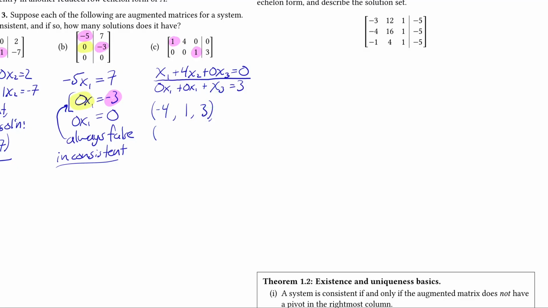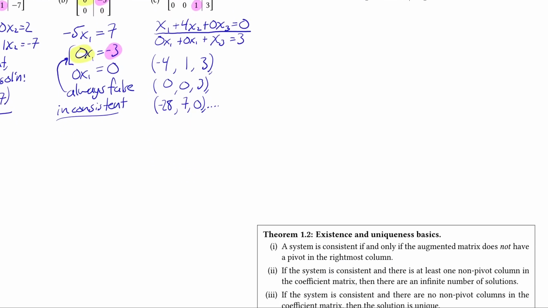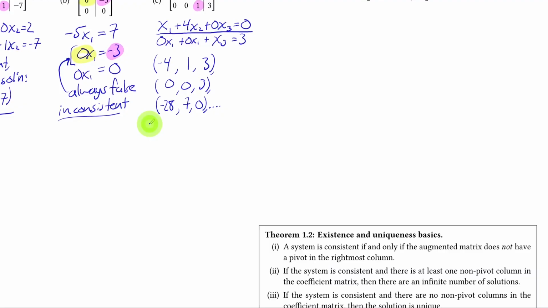Another solution might be, let's see, if x2 is 0, x1 would also have to be 0, x3 must be 3. We could also say, what if x2 is 7? x1 is going to have to be -28 to make that work. So this is consistent with an infinite number of solutions.